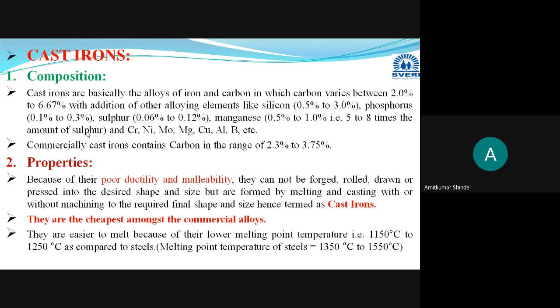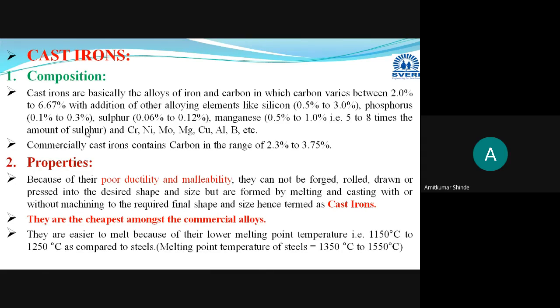Okay, so this is the general or basic composition of the cast iron. In short, you can say that cast irons are alloys of iron and carbon, where the percentage of the carbon varies from 2% to 6.67%. This is the theoretical percentage. And as far as commercial or practical cast irons are concerned, the percentage of the carbon will be 2.3 to 3.75%.